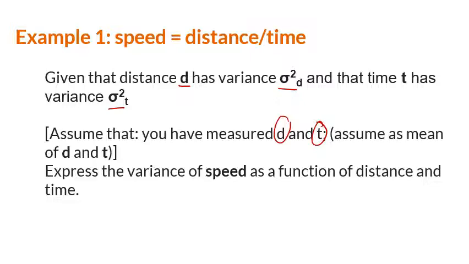So, if you want your measurement to be 95% confident, you are estimating your measure D with a central value of D, and then you have a confidence interval.